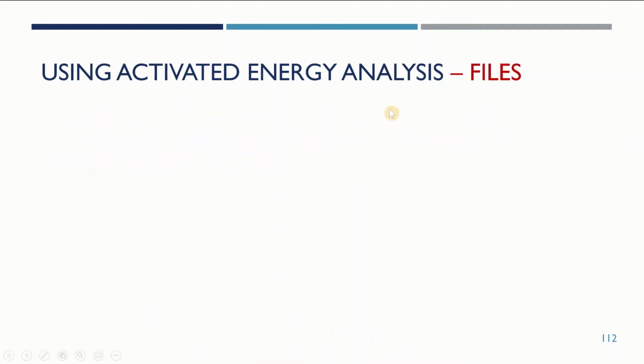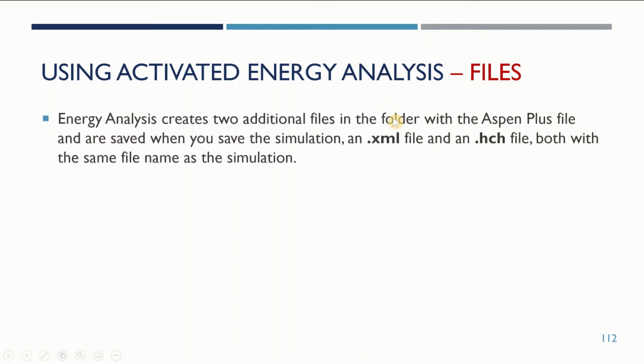There are some cautions about the use of energy analysis related files. The energy analysis creates two additional files in the same folder as the ASPEN Plus file, and they are saved when you save the simulation. The two additional files are an .xml file and an .hch file, both with the same file names as the simulation.